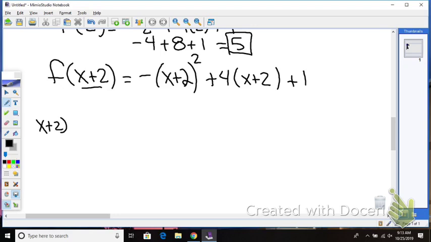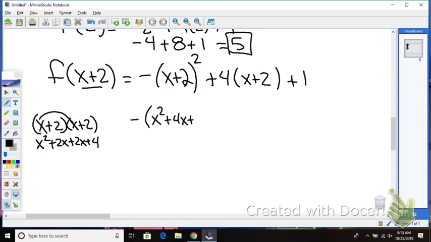If I have x plus 2 squared, that's like saying x plus 2 times x plus 2. So I have x squared plus 2x plus 2x plus 4. So I have negative x squared plus 4x plus 4. Everybody okay with that?